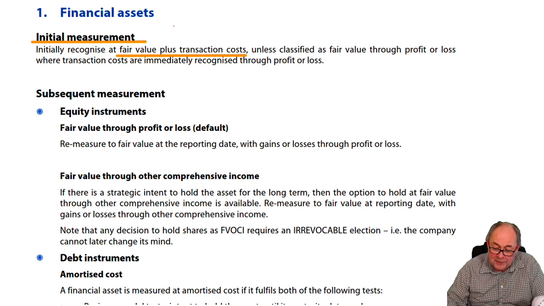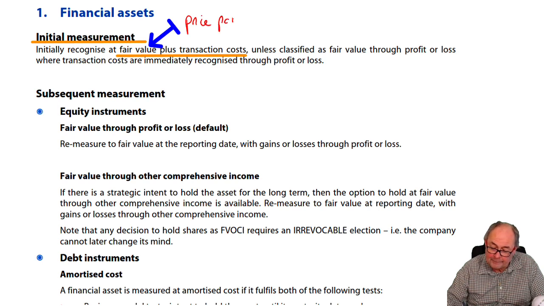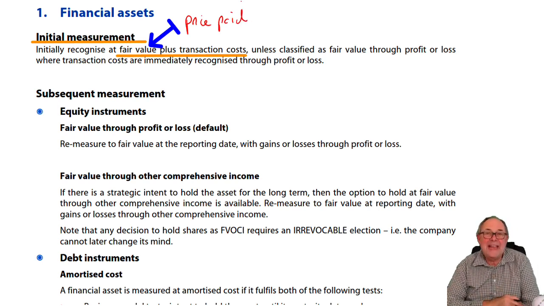Fair value would normally be the price paid, unless, for example, you were making something like an interest-free loan to someone, in which case, in practice, they might need to discount it, but generally it's the price paid, plus any transaction costs, although sometimes transaction costs are expensed.